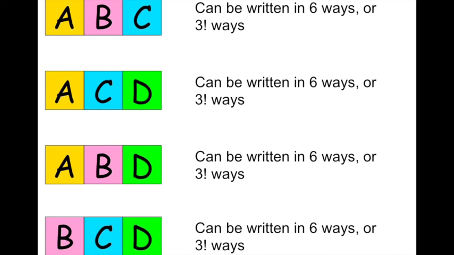So there's 6 ways that the A, B, and the C could be written, 6 ways the A, C, and D could be arranged, 6 ways for that, 6 ways for that. And another way of thinking of 6 ways is that that's the same as 3 factorial, 3 times 2 times 1. And that, again, hopefully makes sense. There's 3 choices for the first letter, 2 choices for the second letter, and 1 choice for the third letter.